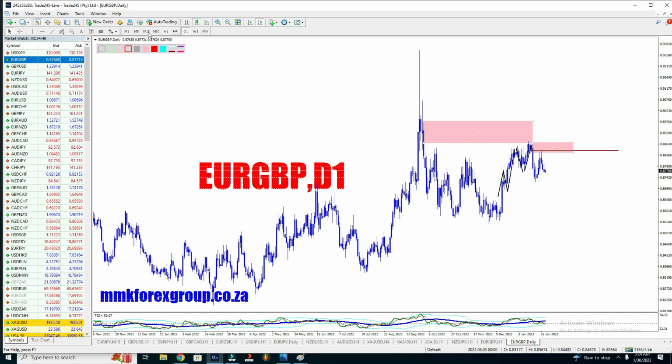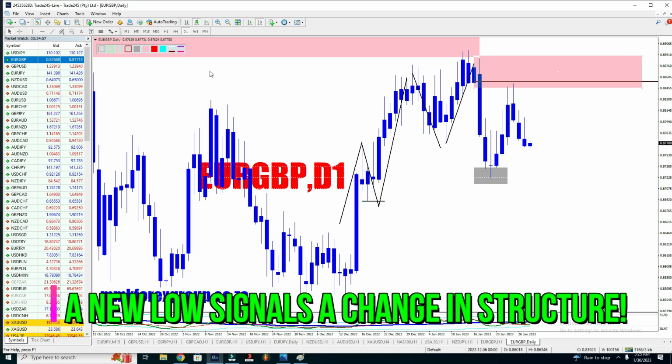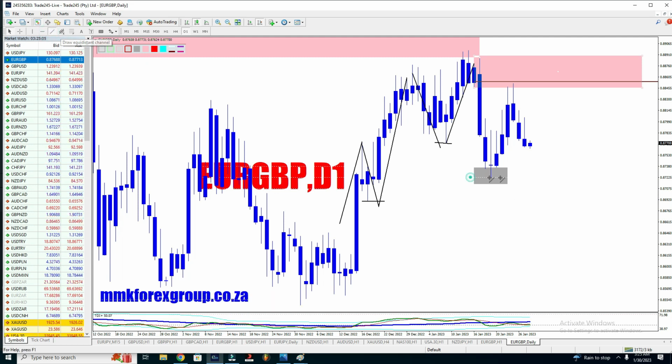This is a new low, meaning this up phase, where we're expecting to see consecutive higher highs and higher lows, has changed. We have a lower low formed right here.